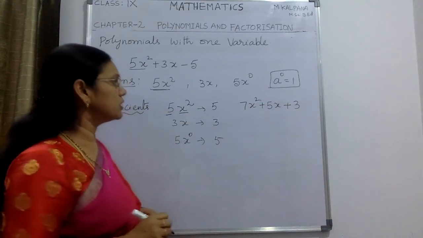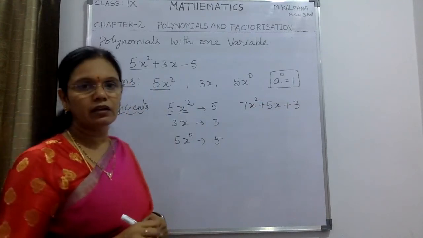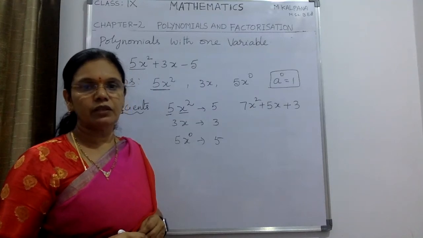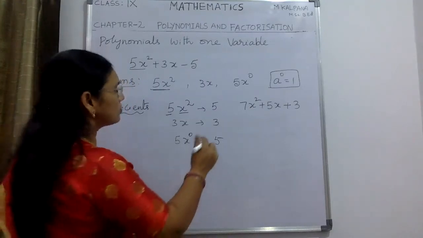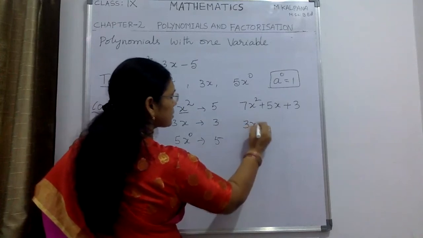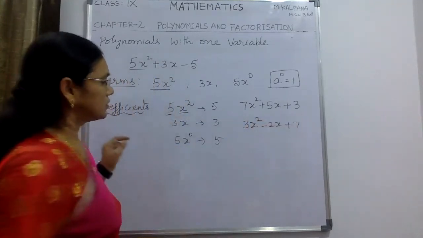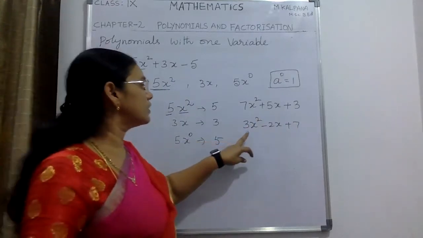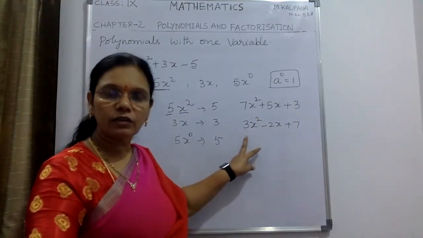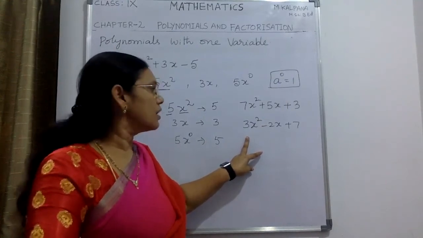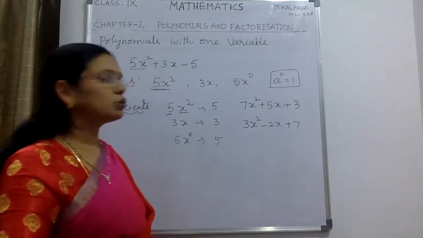What is the coefficient of x? It is 5. Then what is the coefficient of x power 0? That is 3. Now take 3x square minus 2x plus 7. Okay, dear students, write in your notebook the coefficients of all individual terms, all individual variables, and show it to your teachers.